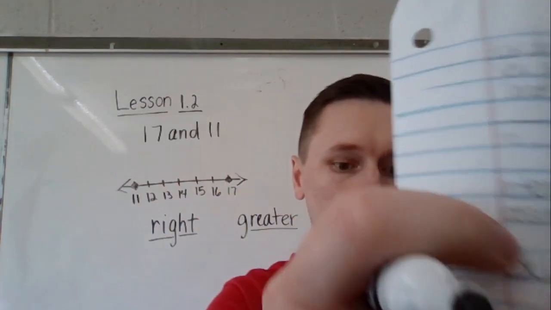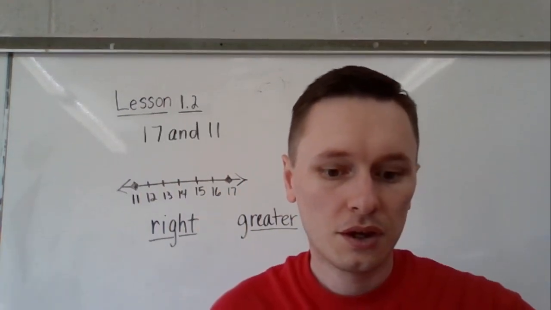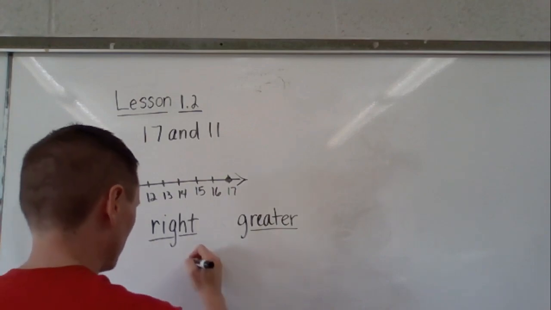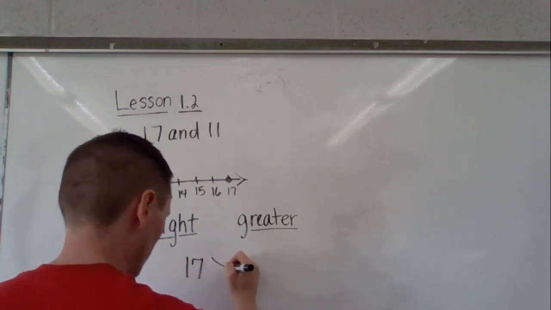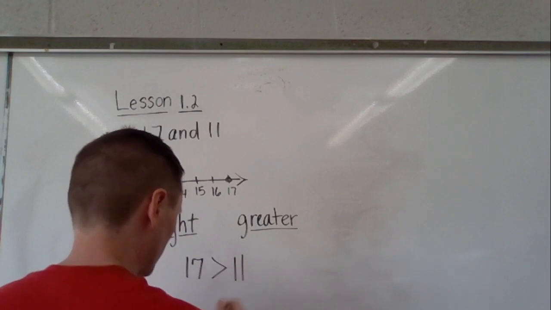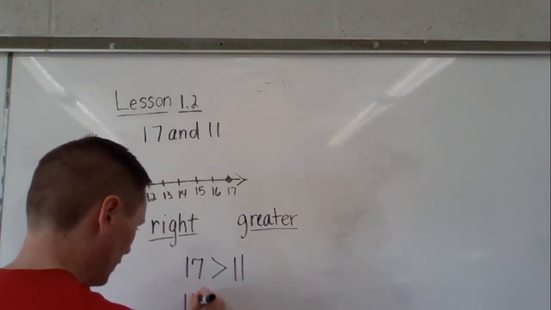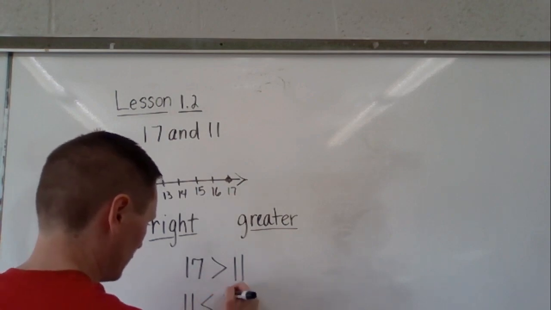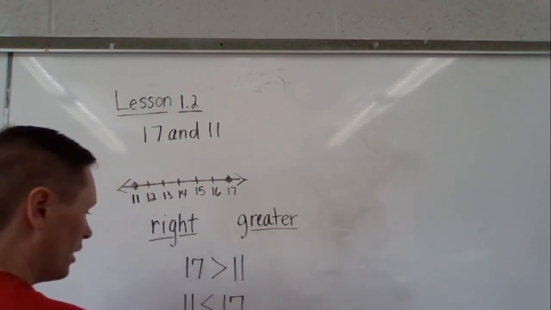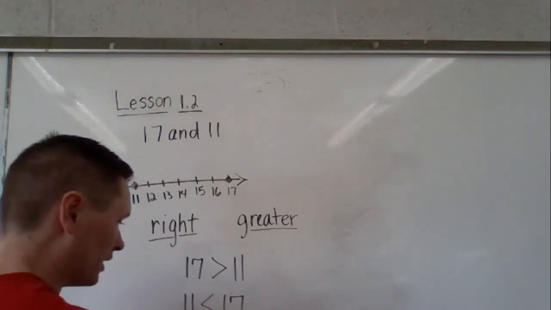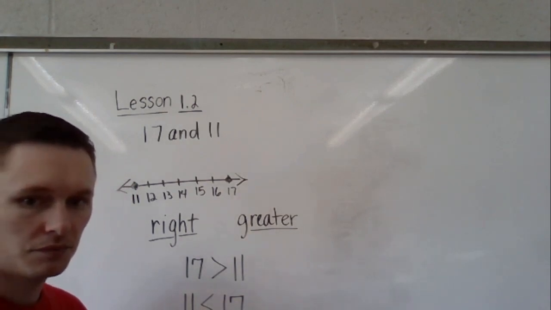Okay? So then we'll rewrite that as 17 is greater than 11. Notice the opening is toward my larger number. If I were to write it this way, I would have to go less than, because the opening has to be towards the larger number, and 11 is smaller or less than 17.